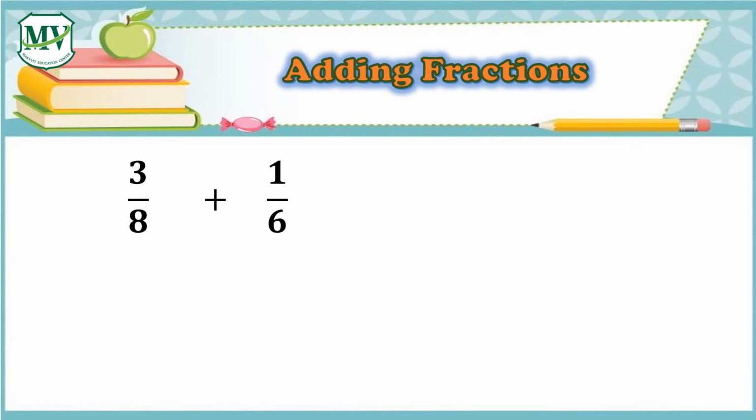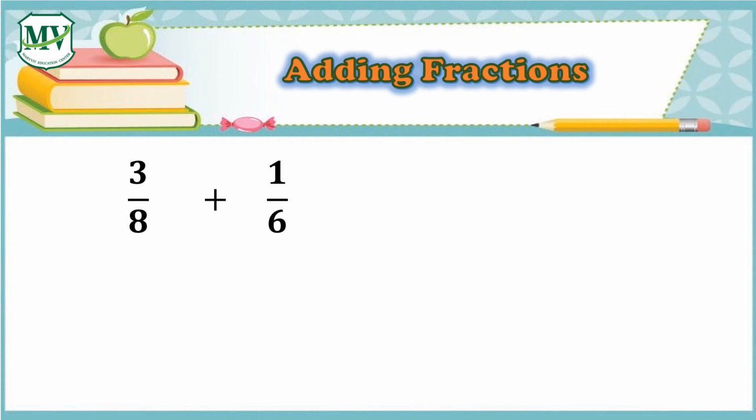How can we add these unlike fractions? We all know that we cannot add fractions if they don't have the same denominator. The best way to add unlike fractions is by making their denominators the same.